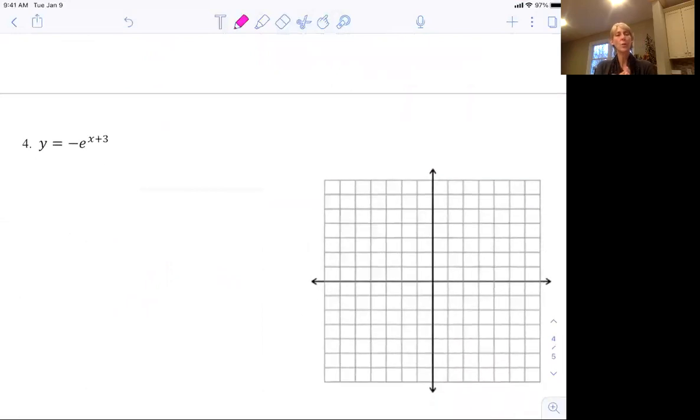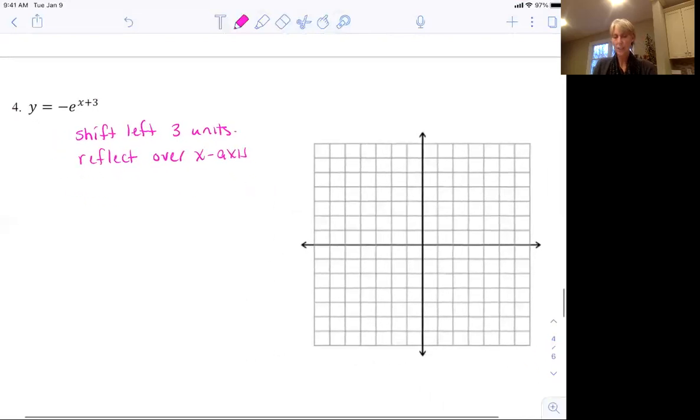Now I've got 2 things going on here. I'm shifting left 3 units, and then I'm going to reflect over the x-axis. Shifting left 3 units and then reflecting over the x-axis.